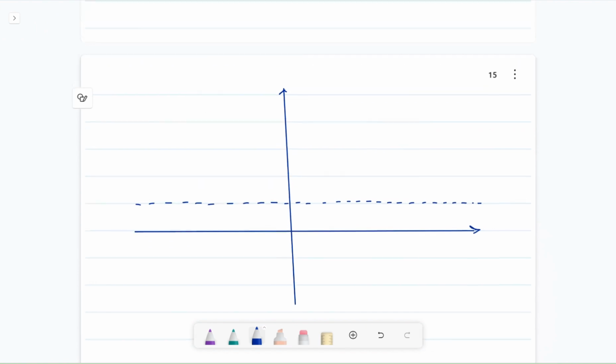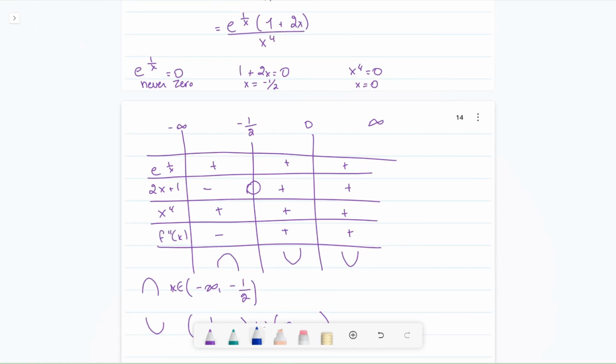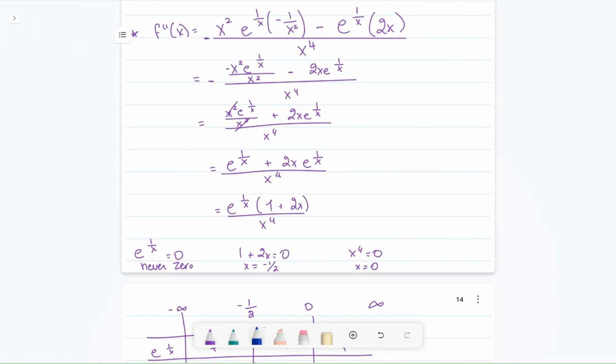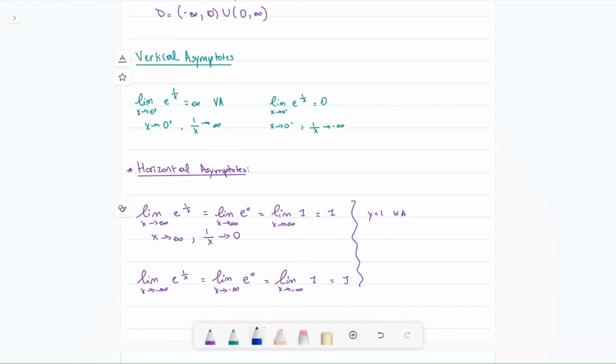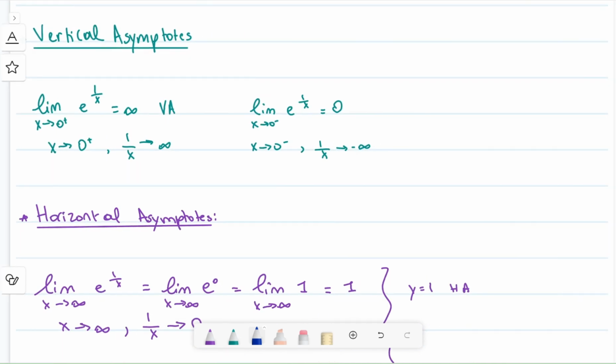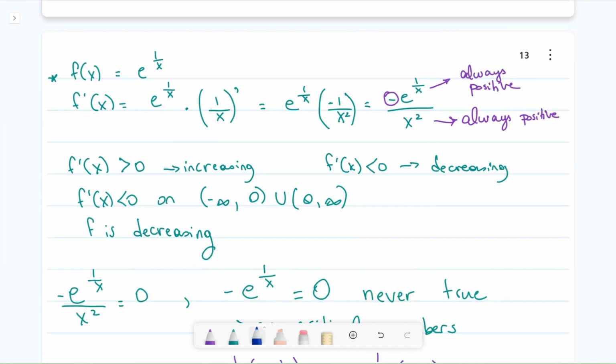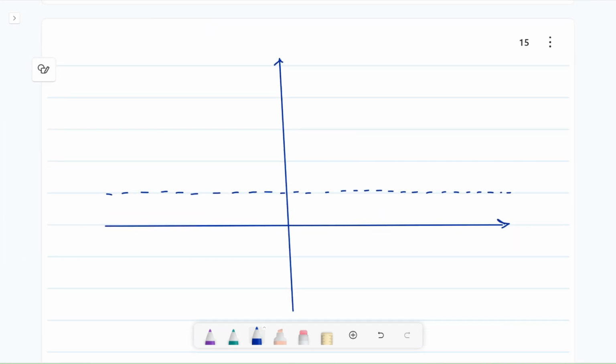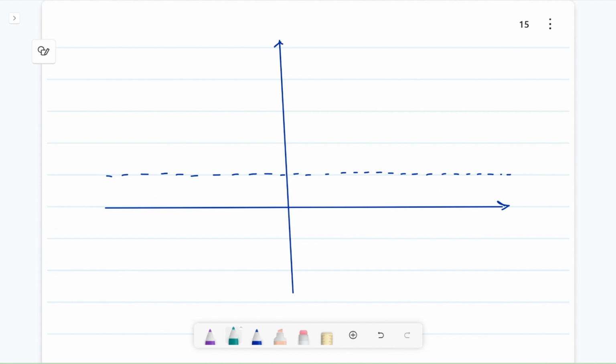And regarding vertical asymptotes, let's check what we wrote. We said that when we approach 0 from the right, the graph approaches infinity. However, when we approach 0 from the left, the graph approaches 0. So let's sketch this somewhere on the graph. When we approach 0 from the right, we are approaching infinity. So we have a vertical asymptote at 0.